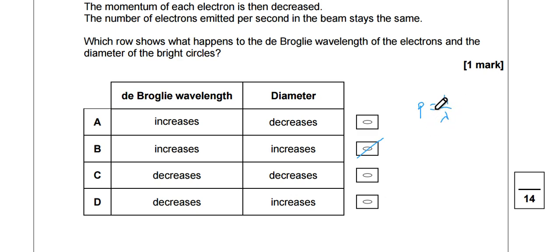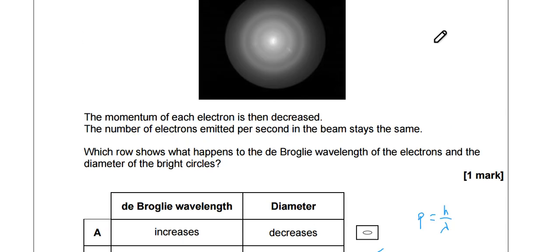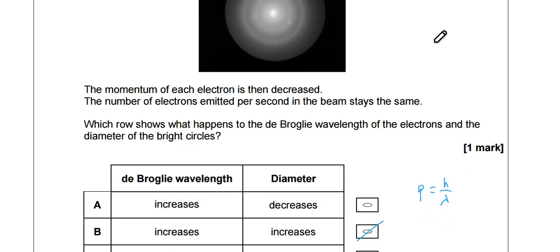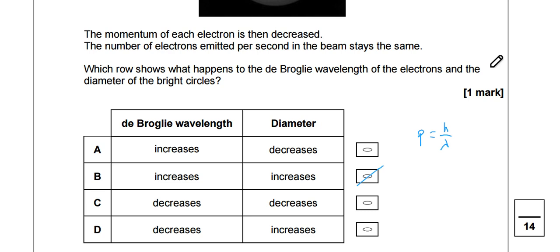As we decrease p, we increase lambda. And for the diameter of the diffraction pattern, sorry, lambda will increase, which means the diameter of the bright fringe increases.